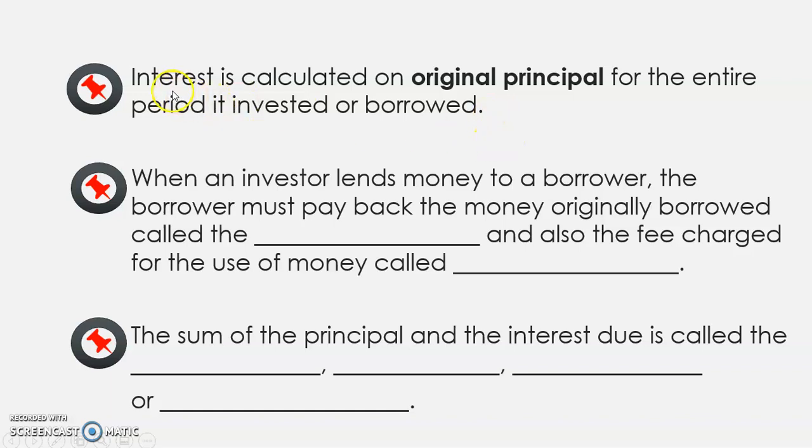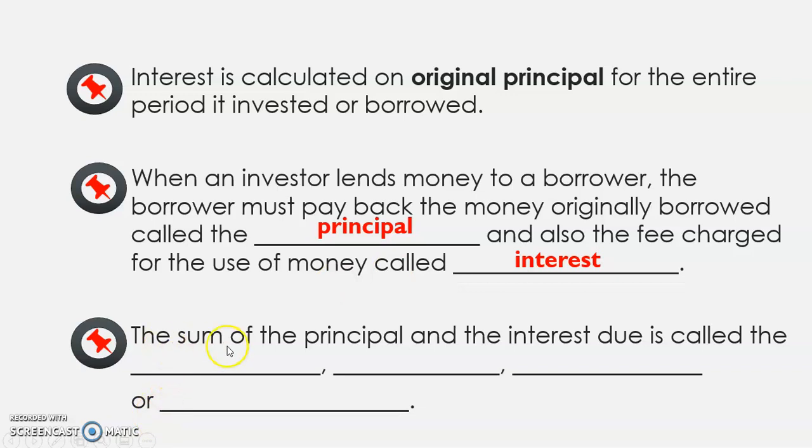Okay, number 1, interest is calculated on the original principal. In Malay, students will say duit pokok or duit permulaan, things like that. For the entire period it is invested or borrowed. When an investor lends money to a borrower, the borrower must pay back the money originally borrowed, called the principal, and also the fee charged for the use of money, called the interest.